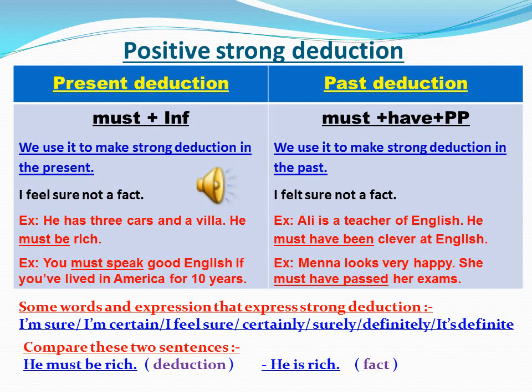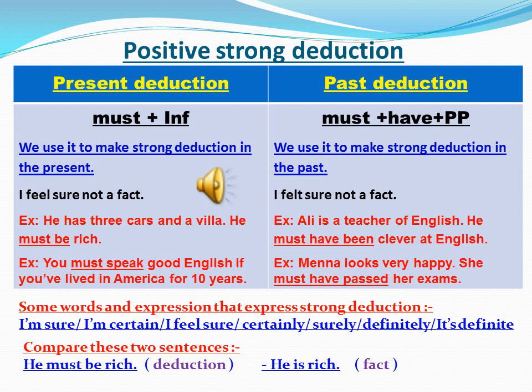So we use must have plus past participle to express that the deduction is in the past. We can use some words and expressions that express strong deduction, such as I'm sure, I'm certain, I feel sure, certainly, surely, definitely, it's definite.